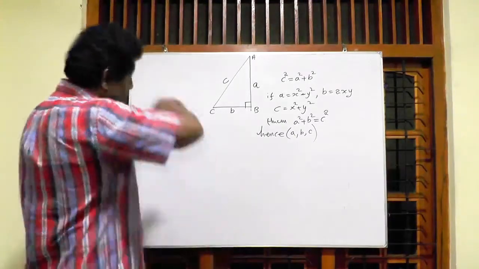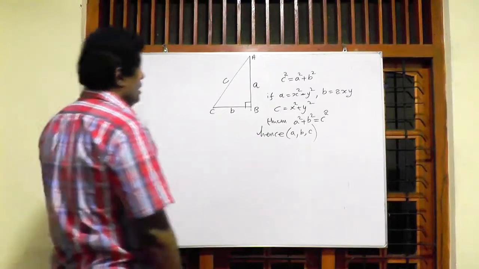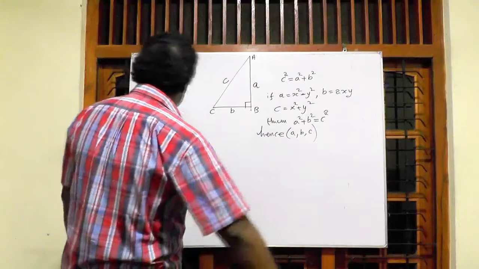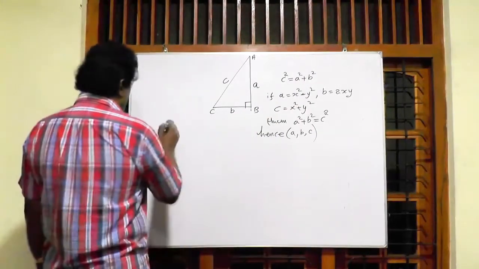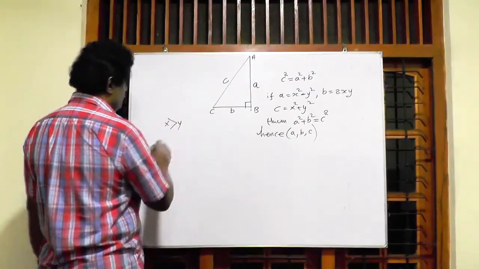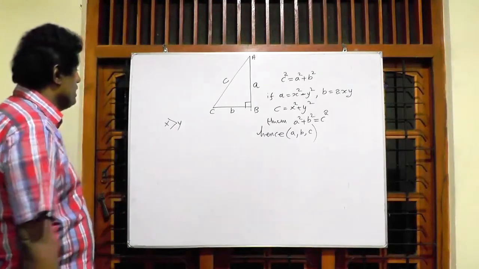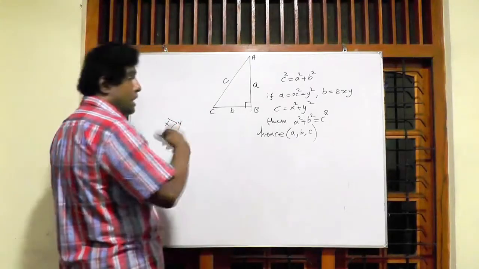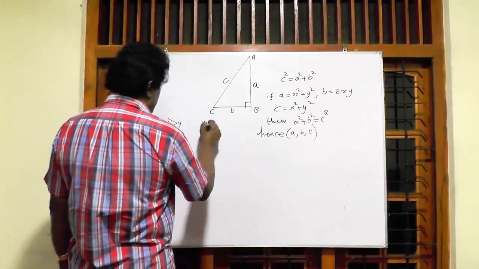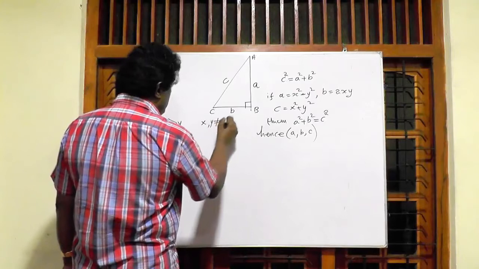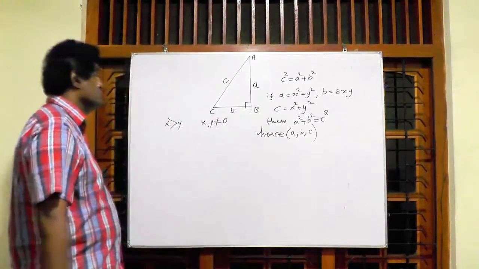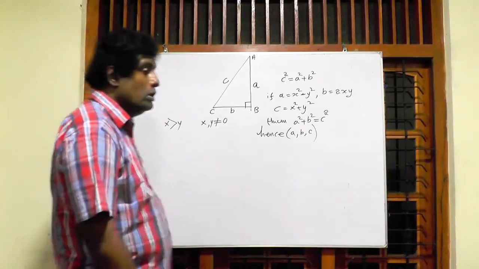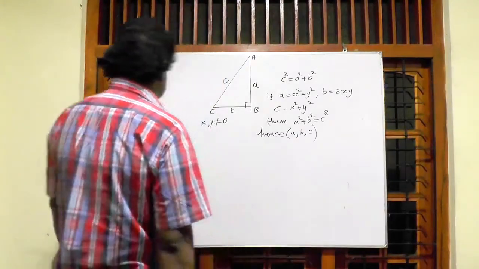Then what are the values of x and y? The value of x should be greater than y, and x and y should be unequal to 0. Then what is the smallest value that can be taken for x?